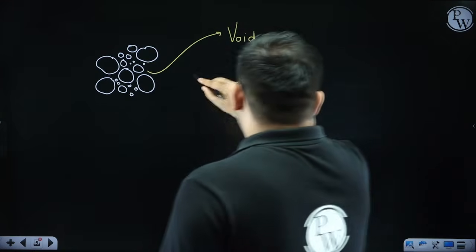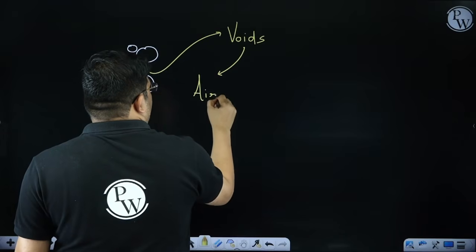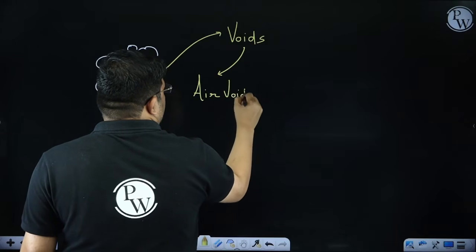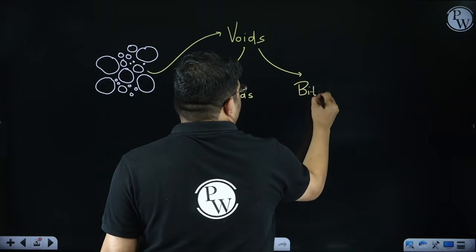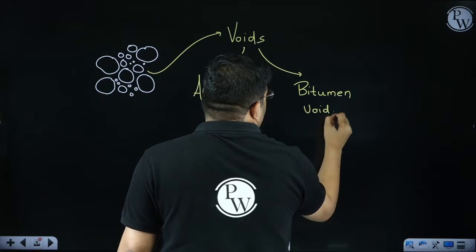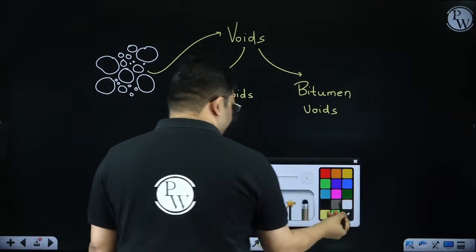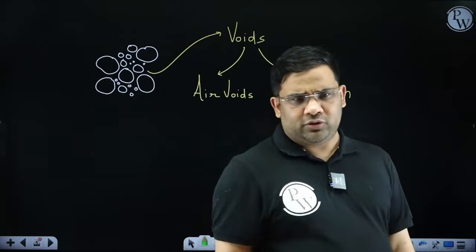So these voids can be classified into what? One is air voids, and then we have bitumen voids, or the voids which are filled with bitumen.